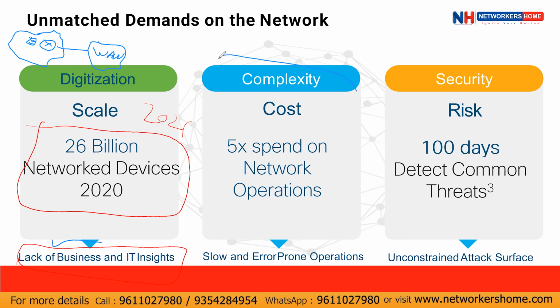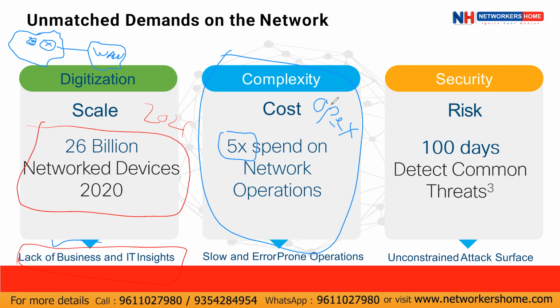Next issue, complexity. If you're not aware, let me tell you, in today's world, we are spending 5x the cost on just the operations part, which in business language is known as OPEX. We are spending 5x of the CAPEX on just the OPEX.